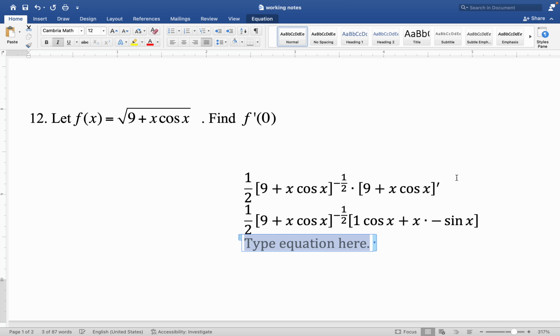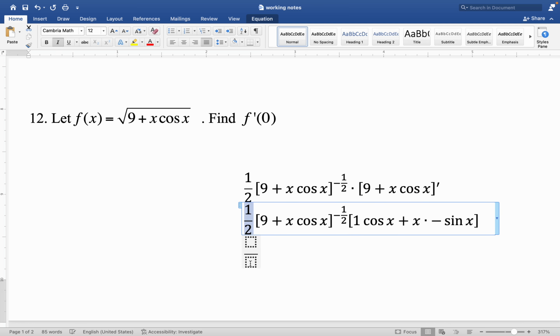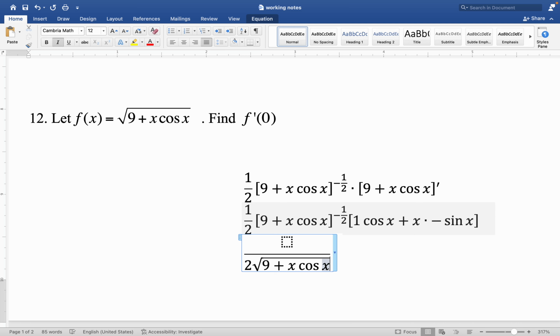A couple of things. We certainly know that there's going to be a fraction because of this negative exponent here. So let's create a fraction bar. What's going on the bottom? Well, because of this 1/2 here, the 2 is going to go on the bottom. But then this expression here being raised to the negative 1/2, that's going to give you a square root of that entire expression in the denominator like that.